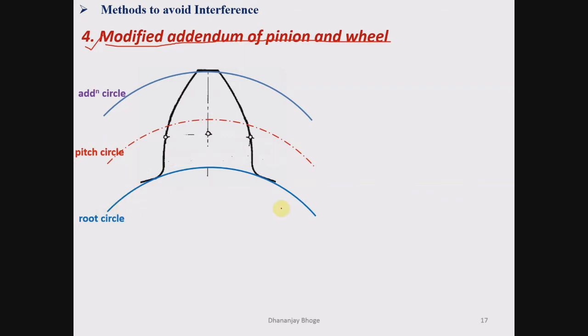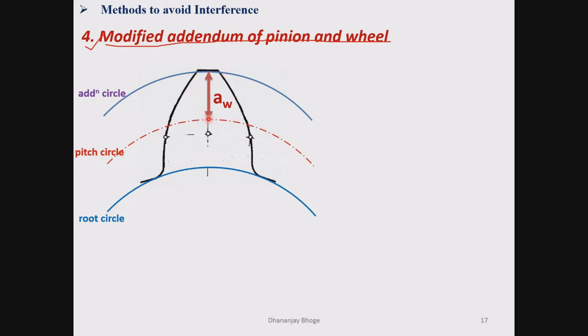So this is the root circle, which is shown in blue color, the circle passing through the roots of the teeth, and this is the addendum circle, which is passing through the top of the tooth. And the circle shown in red color is pitch circle. Now what is this AW? This is addendum.